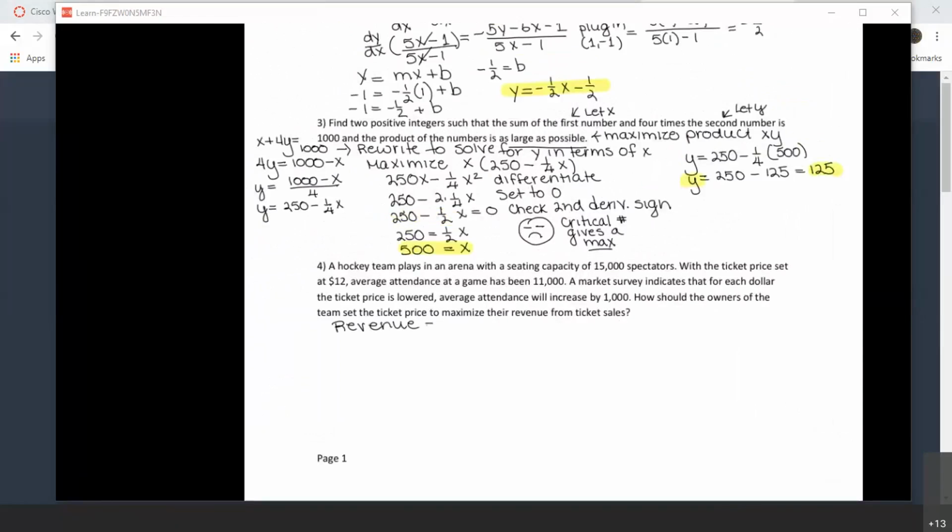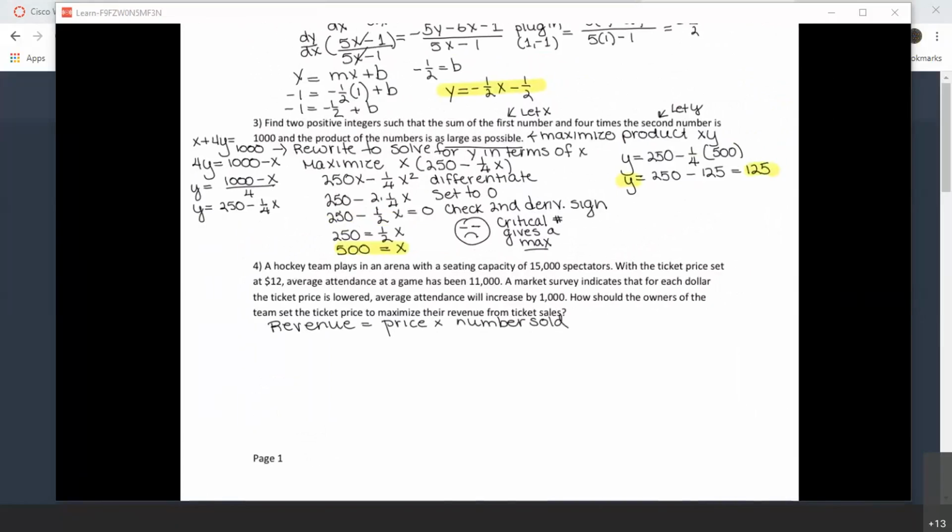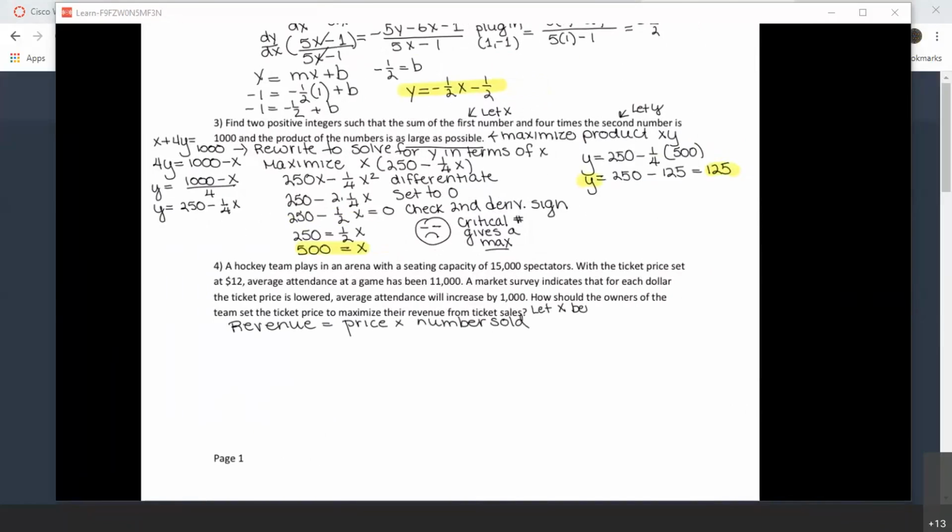Revenue is price times number sold. All right? In this case, we're talking about tickets. Now, rather than letting my variable be my ticket price, I'm going to say let X be the amount I need to drop the ticket price.